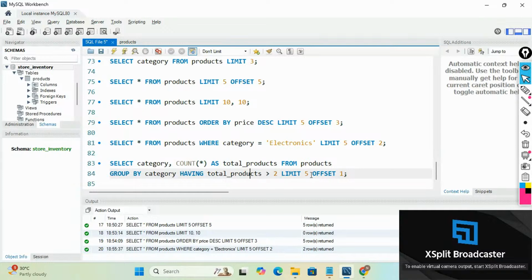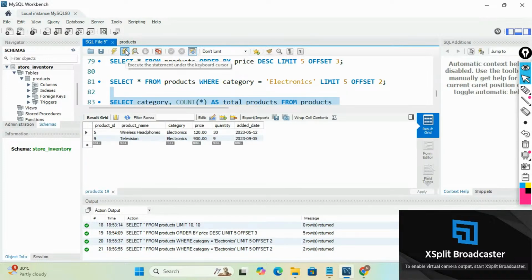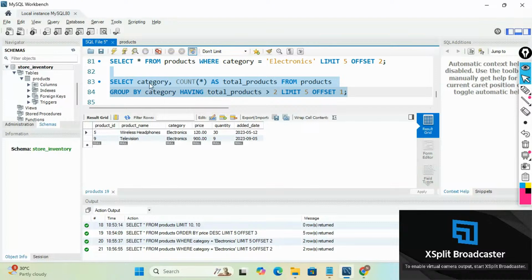Anyhow, we have three categories, but offset one, so the electronics category will be skipped and we'll have only the other two categories. It's not based on one column, right? It is taking the total products. Clear? Yes.